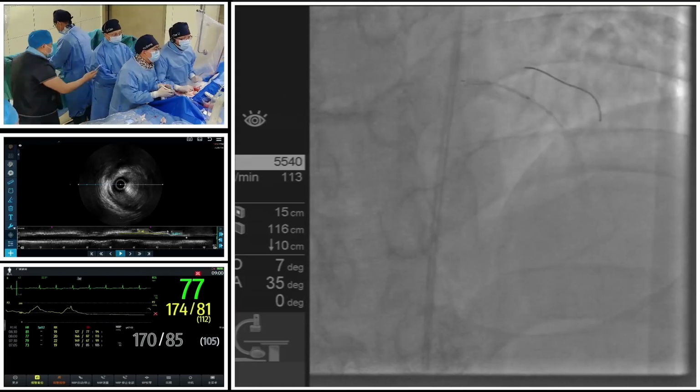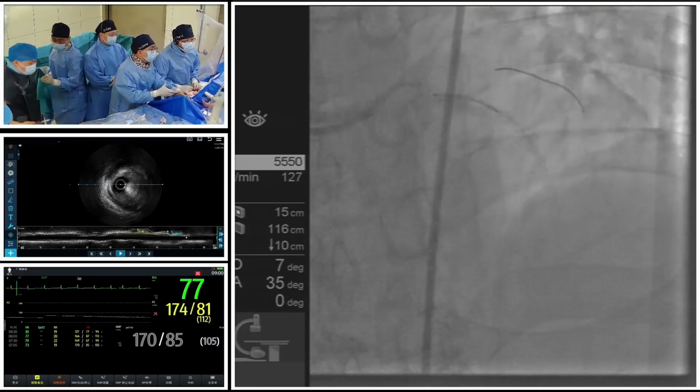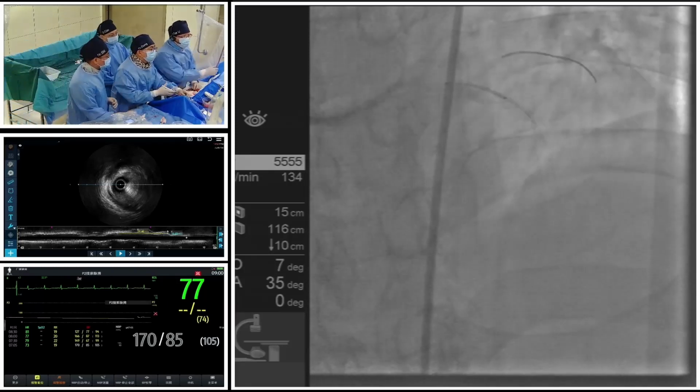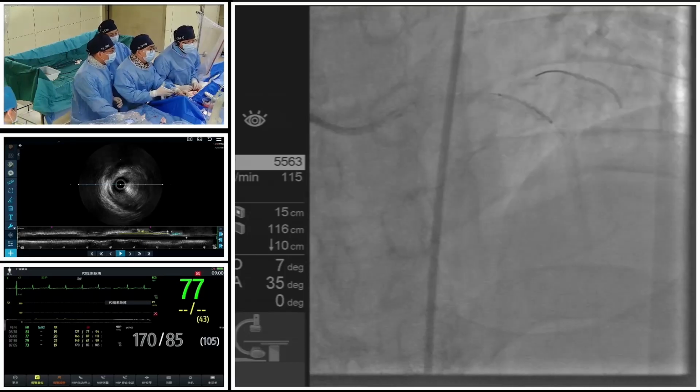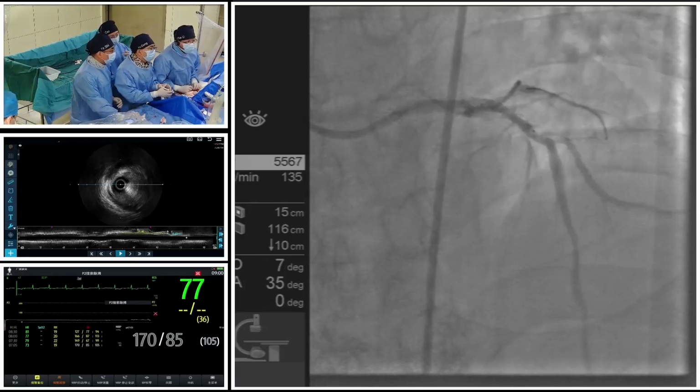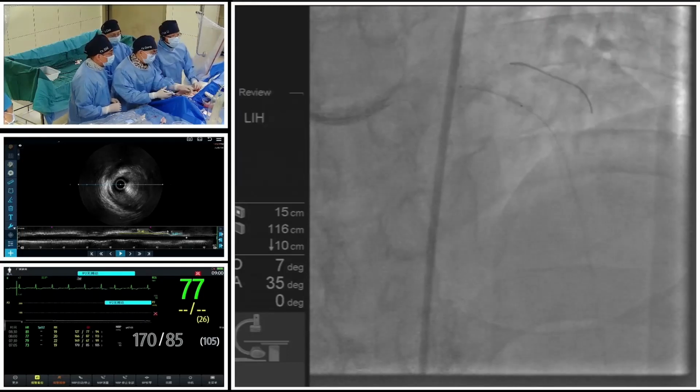It's not using the rotablation to solve all the problems of this patient. And also the IVL system, you may notice we use 2 balloons of the IVL system to fracture and debulk the different sites of the deep calcifications.